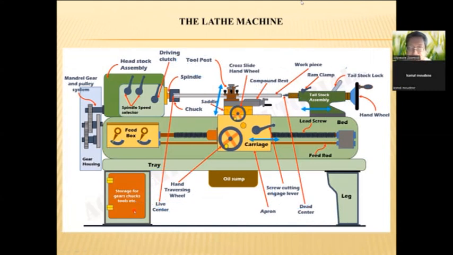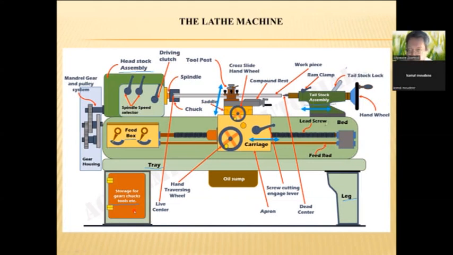In this slide, you can see the lathe machine. The main parts of the lathe machine: the tray, two legs, feed box, headstock assembly, tailstock assembly.